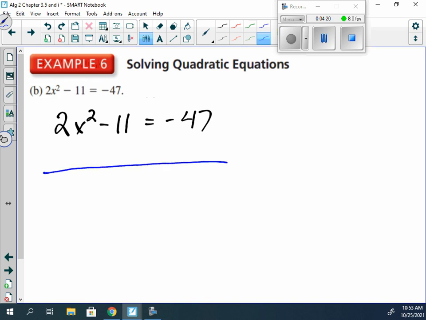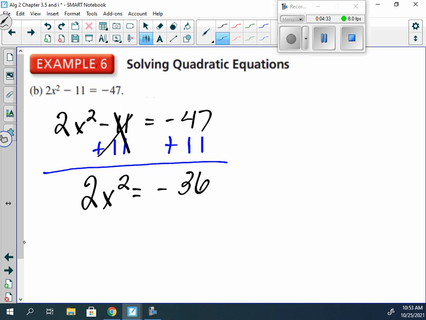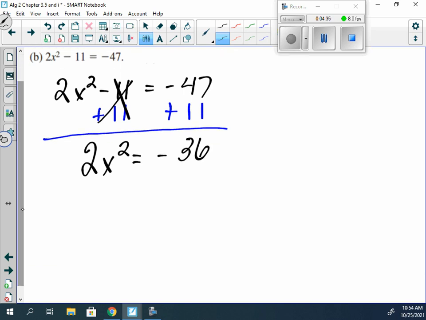So we want to get x squared by itself, so we would add 11 to both sides. Negative 11 plus 11 is 0, leaving us just 2x squared is equal to negative 36. Then we would divide both sides by 2, which would just leave us with x squared is equal to negative 18.